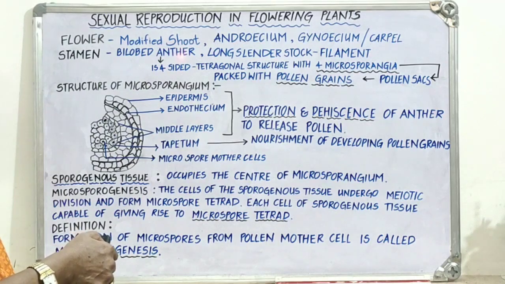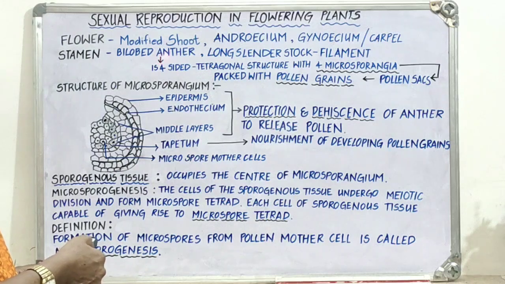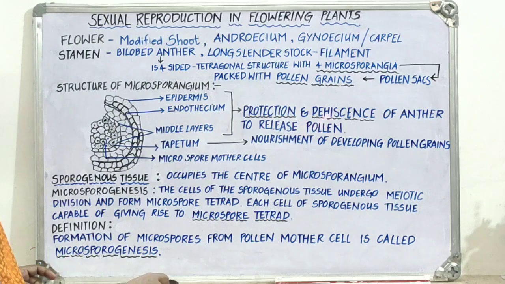Inside this anther we have seen 4 microsporangia which develop into pollen sacs, and these pollen sacs are packed with pollen grains. When these pollen grains mature, this anther will break. When the anther breaks, we'll see release of pollen. That is called dehiscence of anther.